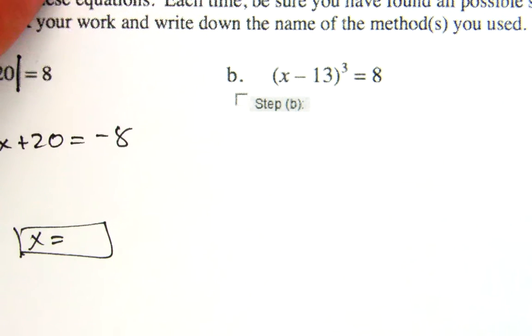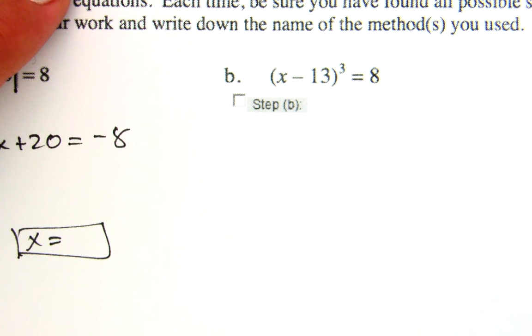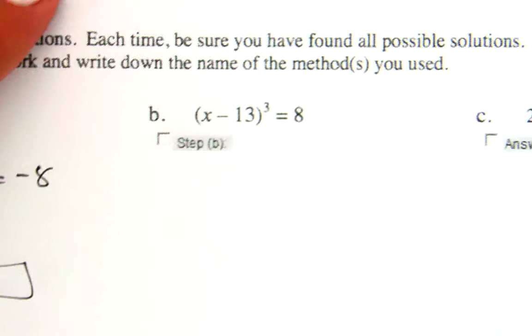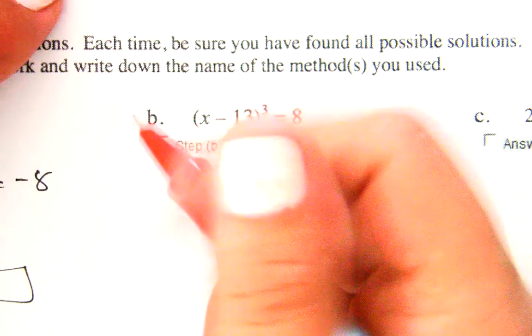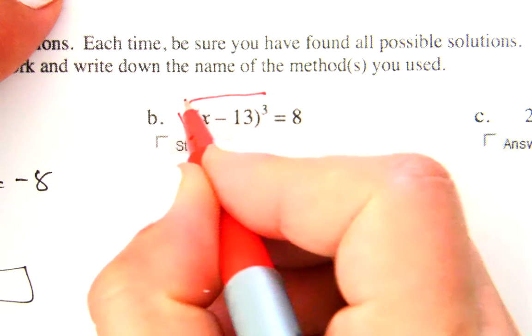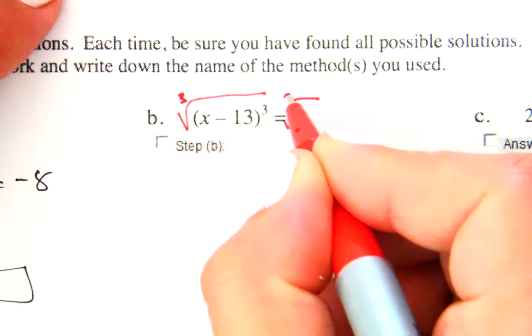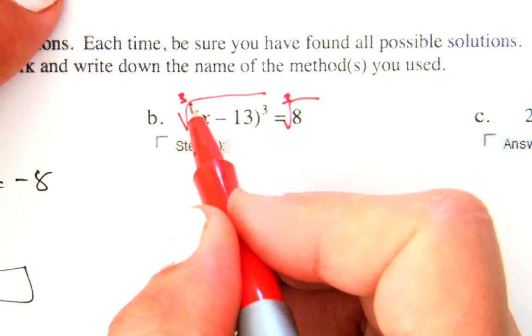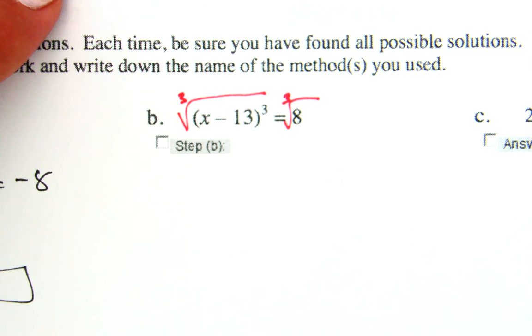Okay, part B, to the cubed power is a little different. So if you don't know how to work this out on the calculator, the following is going to be a little weird for you. So we're going to take the cube root of both sides, because in order to undo a third power, you have to take the cube root. Now, your calculator should be able to take the cube root of something.